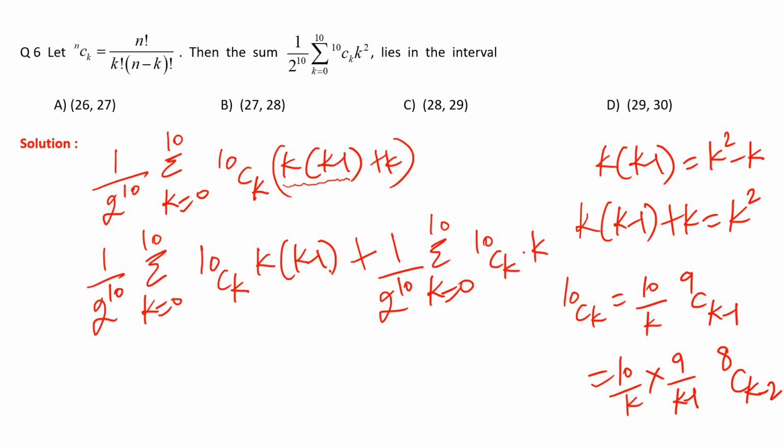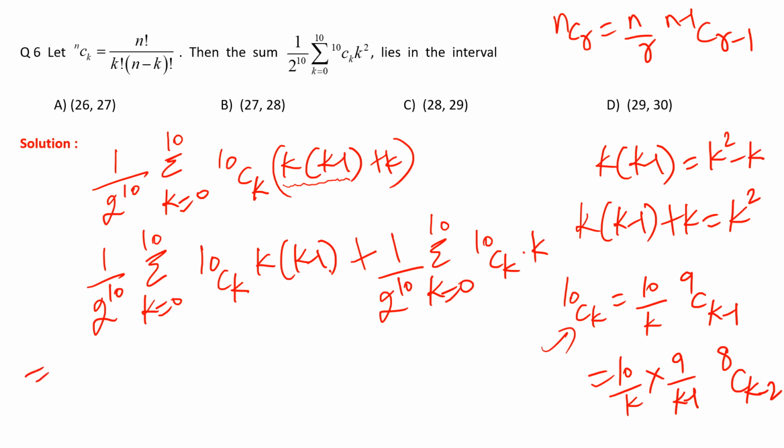And let me tell you, to get this expression, which property have we used? We have used nCr equal to n upon r into (n minus 1)C(r minus 1). You can easily use this property, and you must remember it because it's widely applicable in many competitive exams whenever a question on binomial comes.